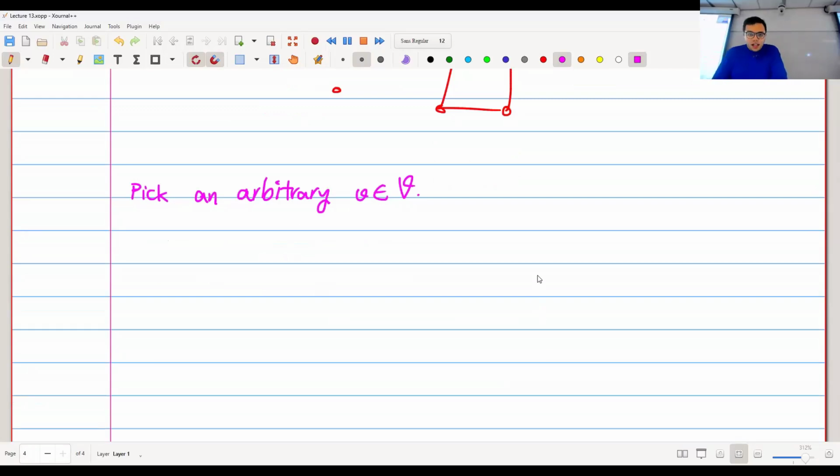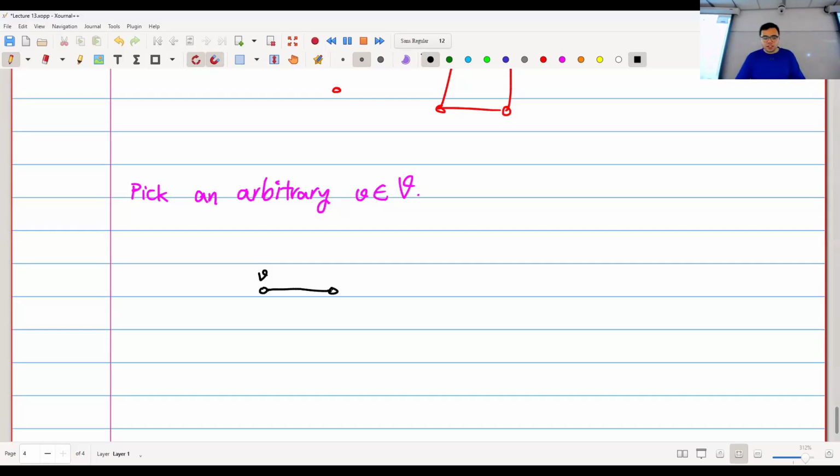So I picked the vertex V. Now, the degree of V cannot be 0 because I've already removed all the vertices with degree 0. Okay. So there is at least one edge going out of V. So I'm going to start a walk. I'm going to start at V, and I'm going to take the edge that goes out. If there are several edges, take whichever you like.